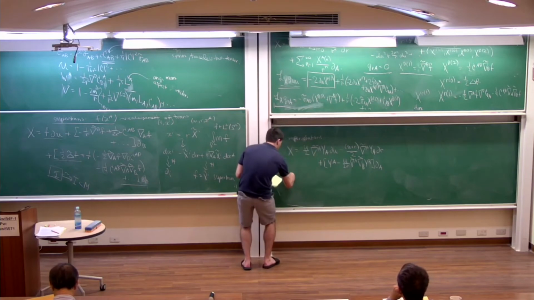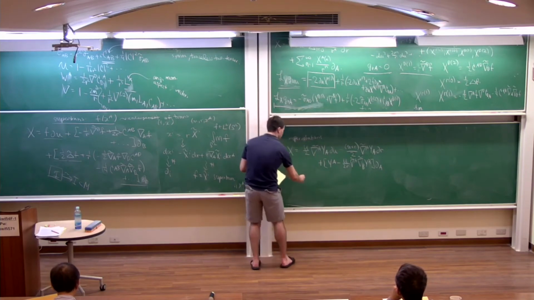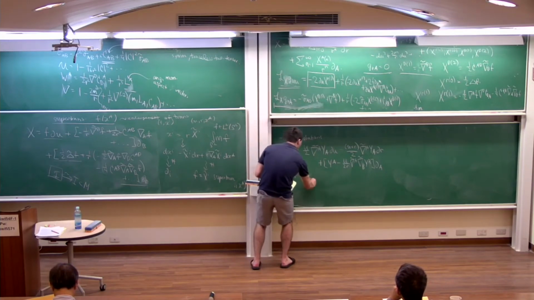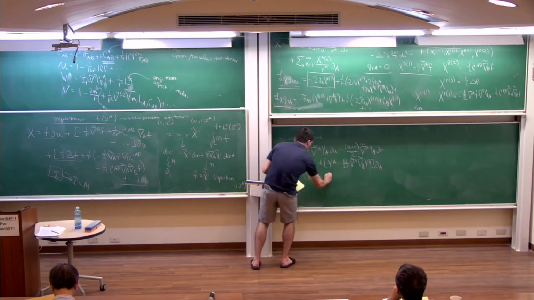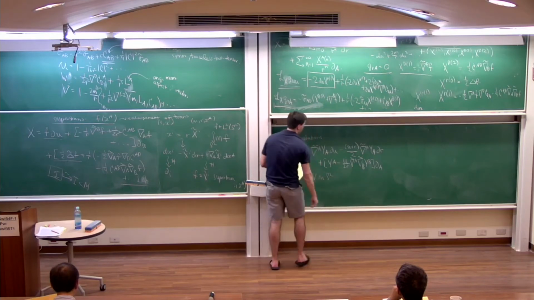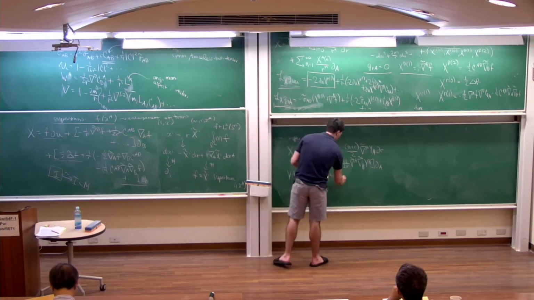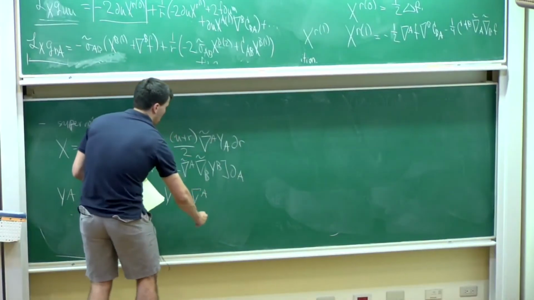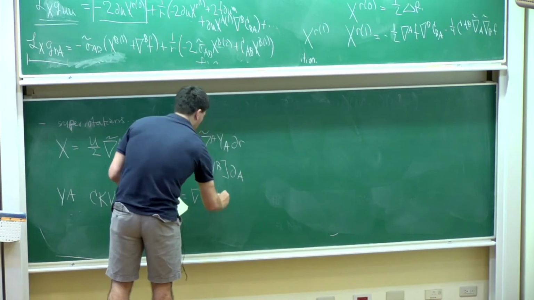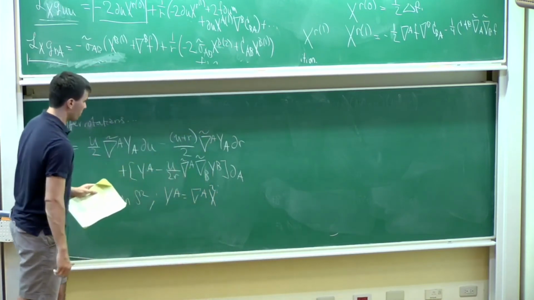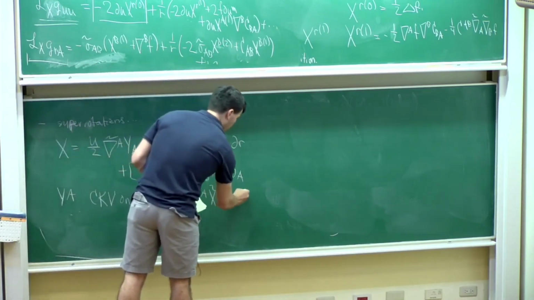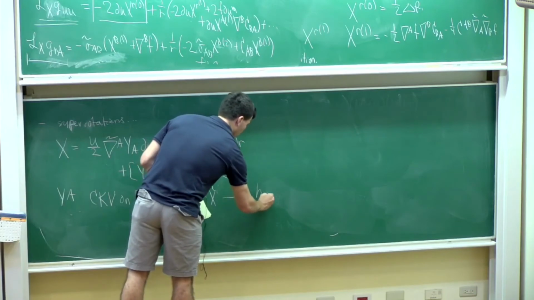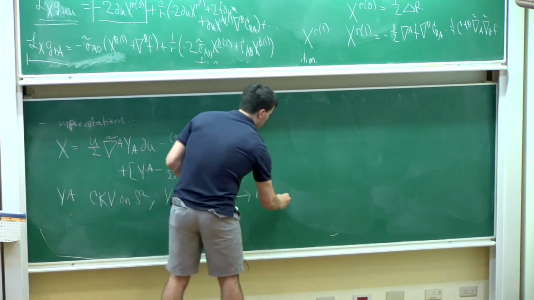Here y is one of these conformal killing vector fields on the unit sphere. In particular, you could think about y^A as being the gradient of this first eigenfunction. These would correspond to the boosts that we wrote down earlier.